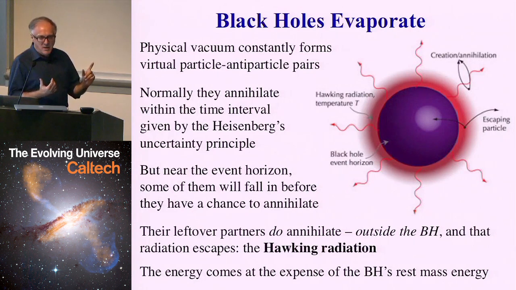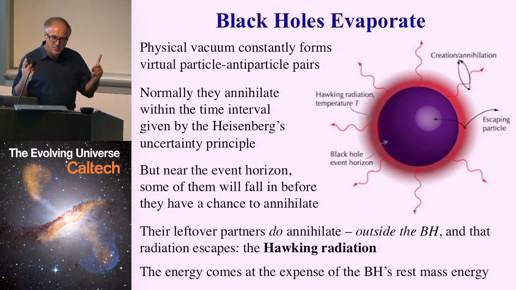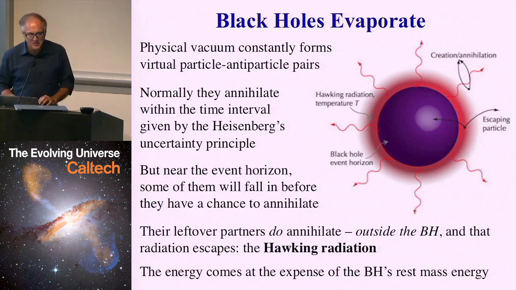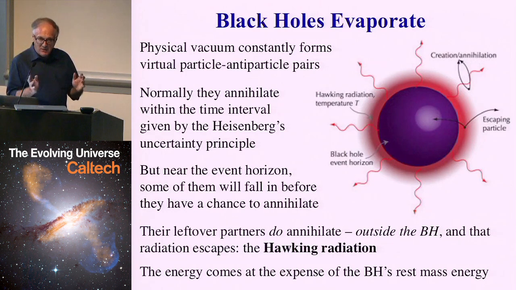Well, one of them falls into the black hole. Then the other one remains free, looks for some other partner, and annihilates with that, but they're doing this outside the black hole, and so that radiation can escape. I mean, this is a little more complicated, but that's the basic idea.